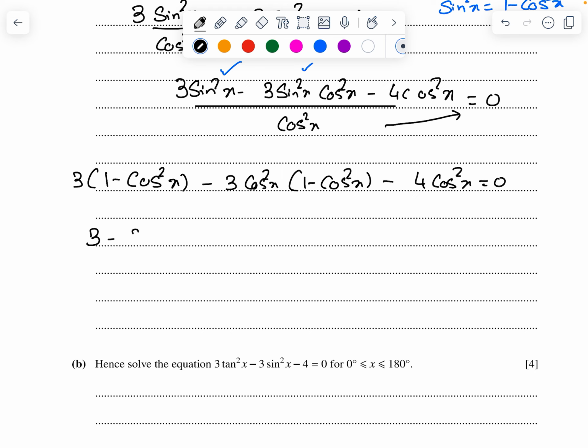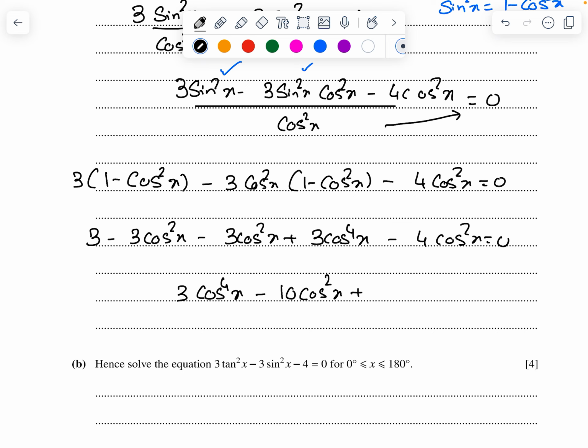So it becomes 3 minus 3 cos square x minus 3 cos square x plus 3 cos power 4x minus 4 cos square x equals to 0. So the final equation becomes 3 cos to the power of 4x minus 10 cos square x plus 3 equals to 0. A 3 marks question. This is one method mark and another method mark, and finally the accuracy mark.